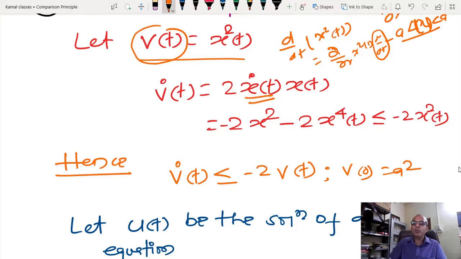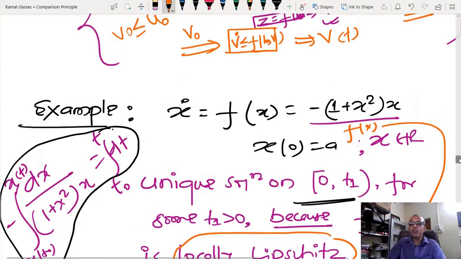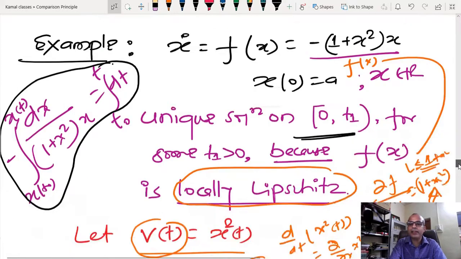After that, I am going to substitute the value of x dot. I have to solve this equation, and x dot equals minus 1 by x square multiplied by x, so I substitute that here.